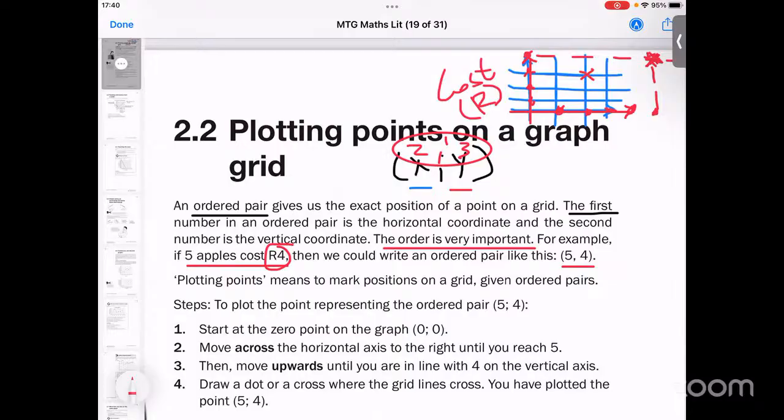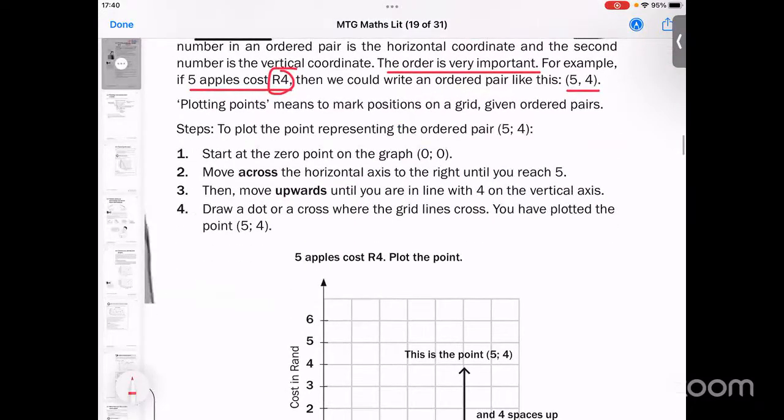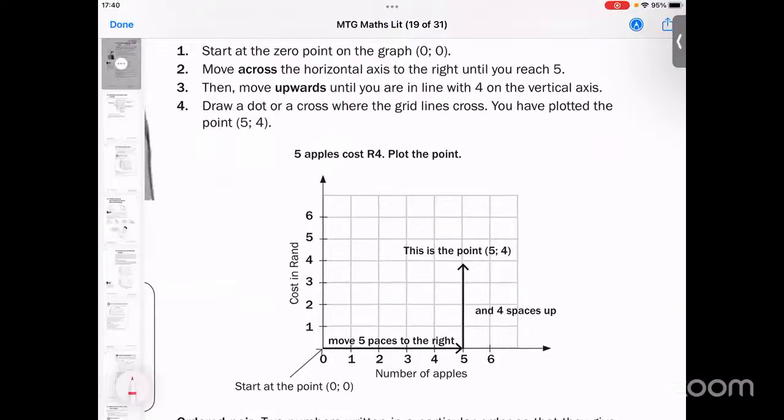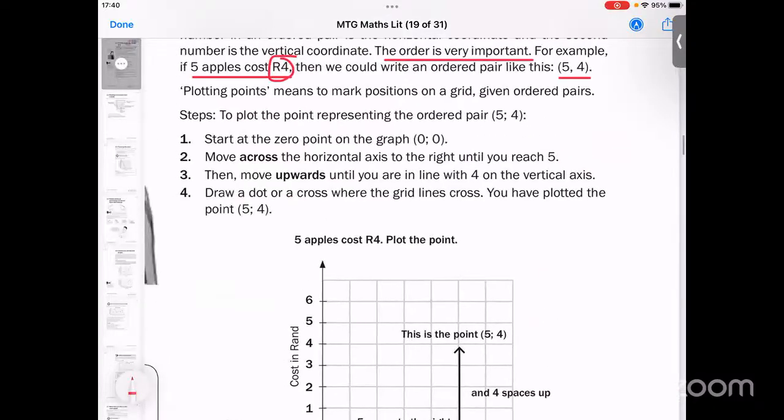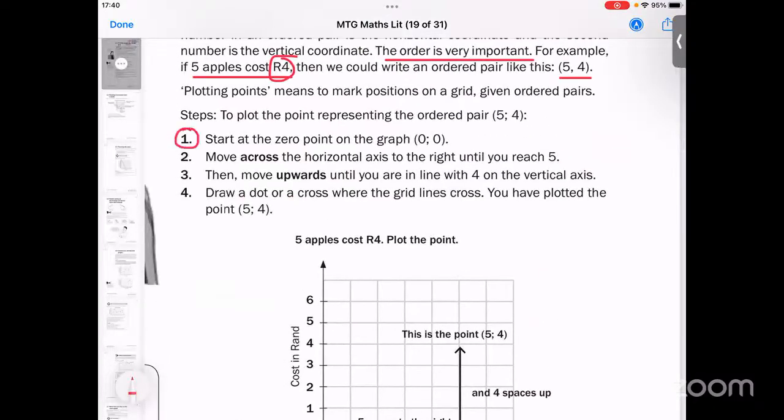So perhaps the next information might be about having to plot that point. Let's see, what are they saying there? You start at the 0 point on the graph. That is the 0 point that we know by now. Move across the horizontal axis to the right until you reach 5, because we firstly have to start with that.